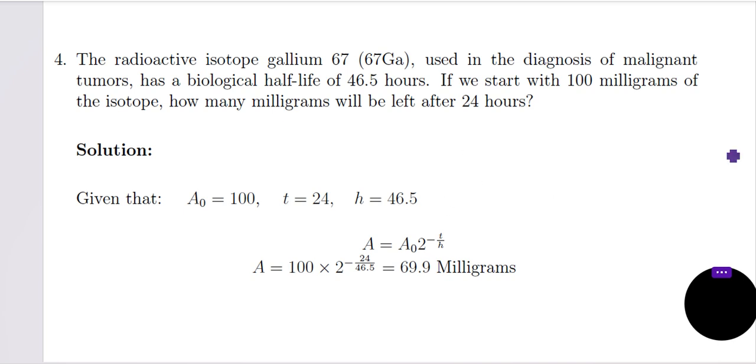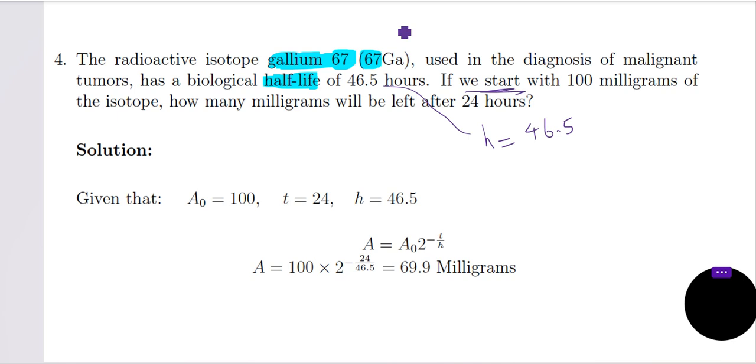This is another example, a radioactive isotope whose name is this one. 67 is the name of that isotope. It has nothing to do with the question, and later the word half-life is given again. That's why this is h, 46.5.